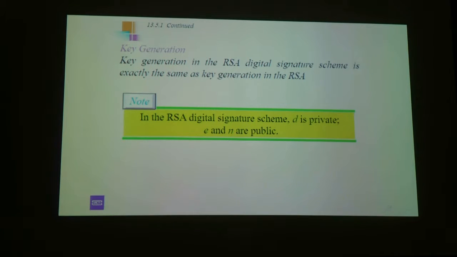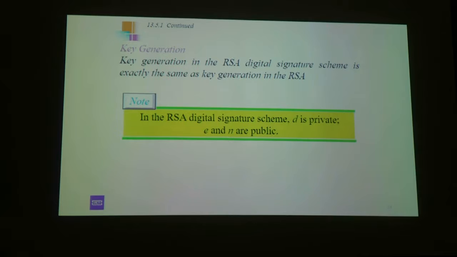P minus 1 times Q minus 1. Then from there she has to choose an E, the public exponent, and then calculates D, the private exponent, such that E times D equals 1 mod phi N. This is in chapter 10, how it works, right?